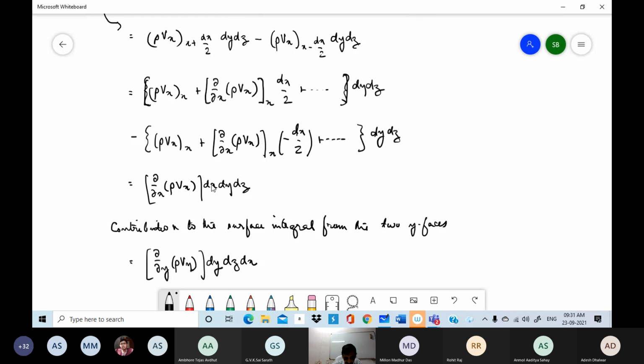But if you notice, what comes from the area element and what comes from the Taylor expansion ultimately gives you the same factor, that ultimately this derivative is multiplied by dx dy dz.